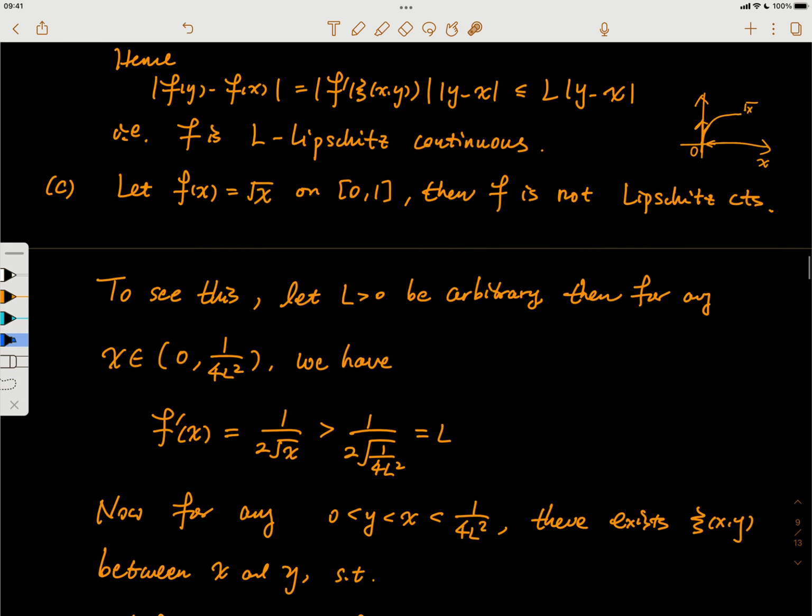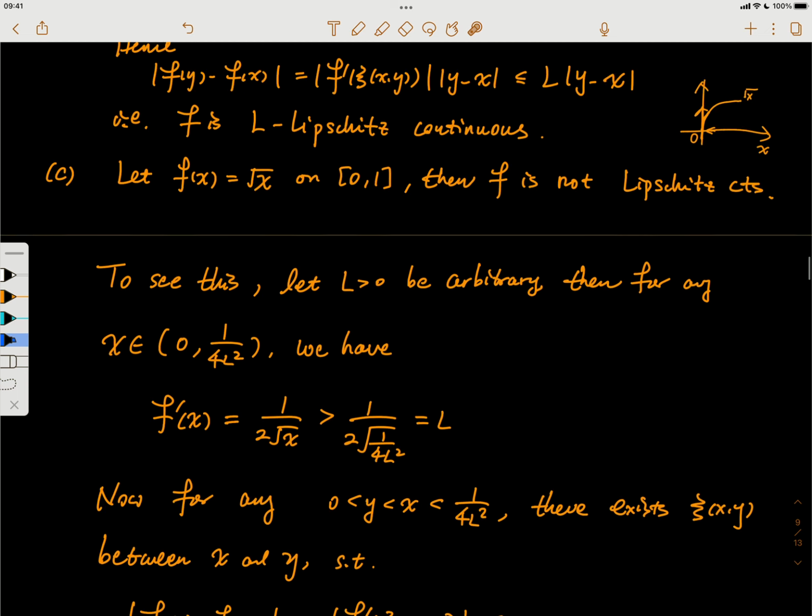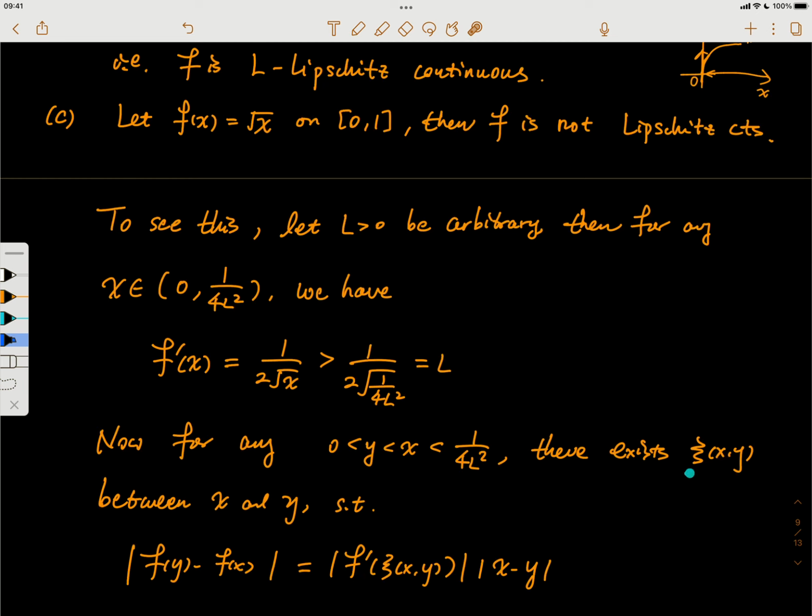Now, for any points x and y, also in this interval, y could be less than x, or the other way around. As long as these two points are both smaller than this, then by the mean value theorem, there exists a point c(x, y) that depends on both x and y, such that f(y) minus f(x) is going to be the derivative of f at this point times y minus x.